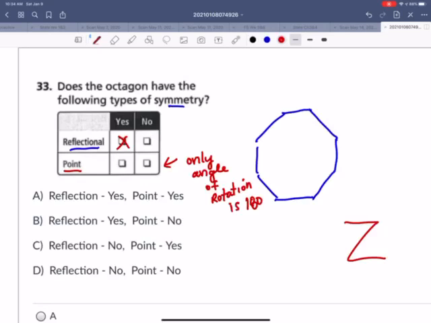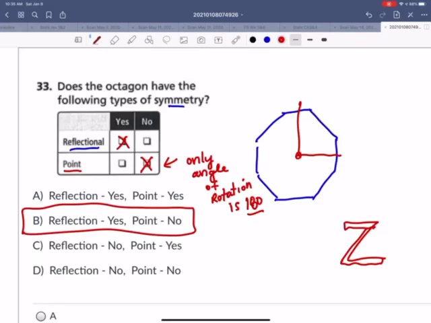So if I turn my head, it looks like the letter N. But Z does look the same right side up and upside down. So I'm going to have to say no for point symmetry because it definitely has multiple angles. So as it looks here, if you switch it 90 degrees, it will map on itself as well. So it definitely doesn't have point symmetry. So I'm going to say B, yes, reflection, no point symmetry.